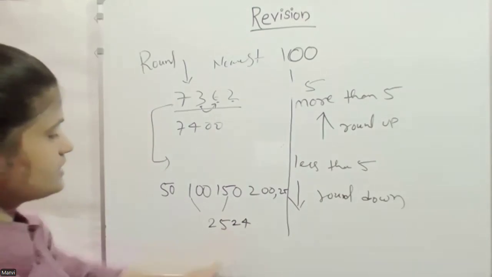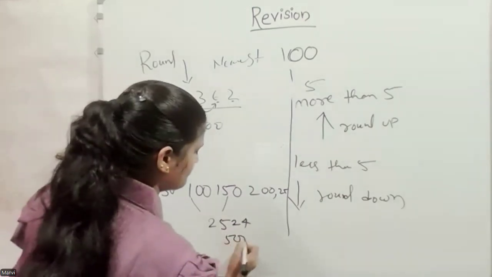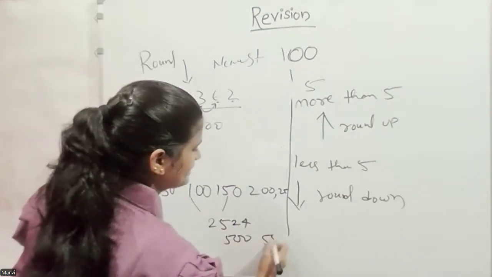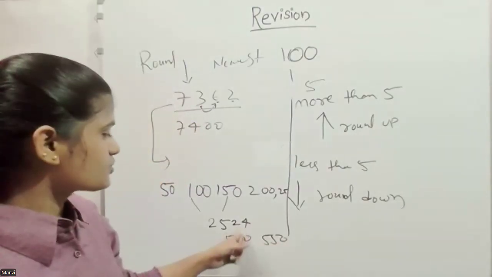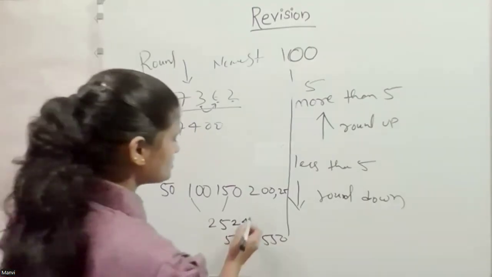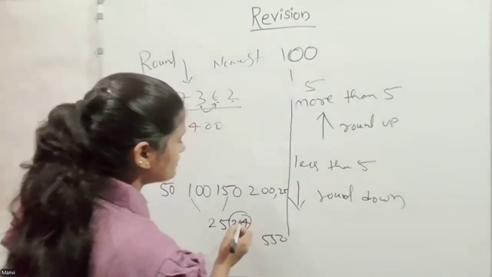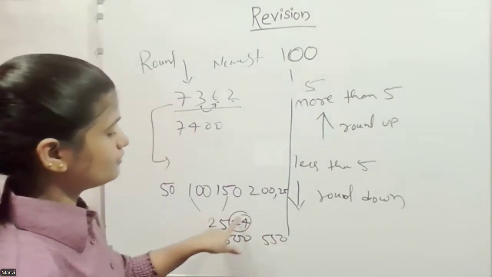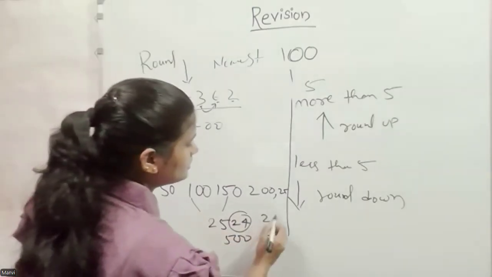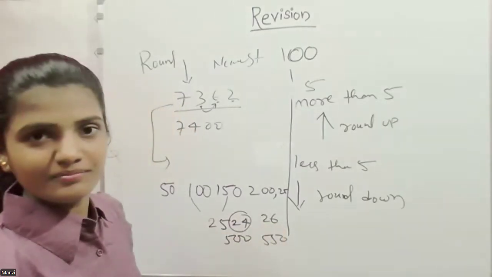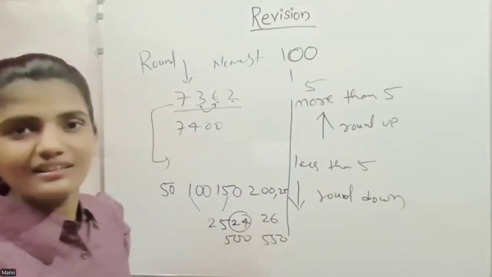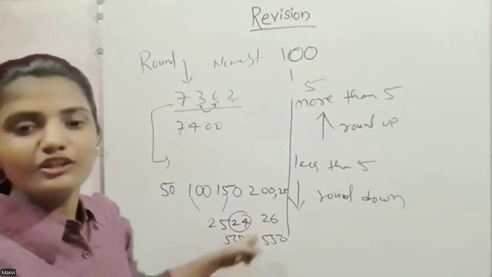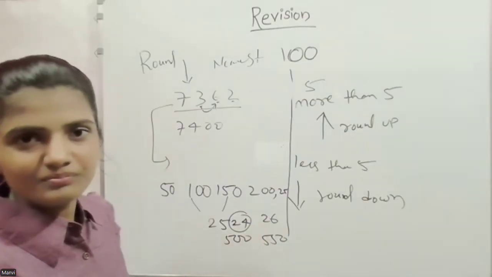Now, if you look at this, it will become either 2,500 or 2,550. This is much closer to 2,500 because you need to take away this 24, but if you want to make it 2,550, you need to add 26. So 24 is closer than 26. That's why the answer became 2,500, not 2,550.